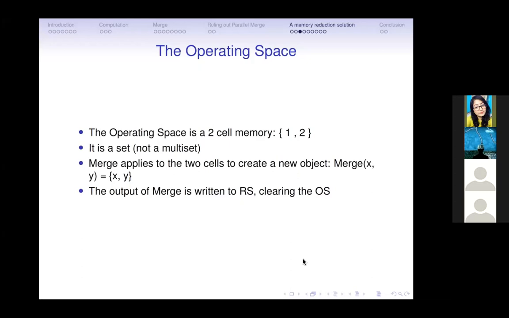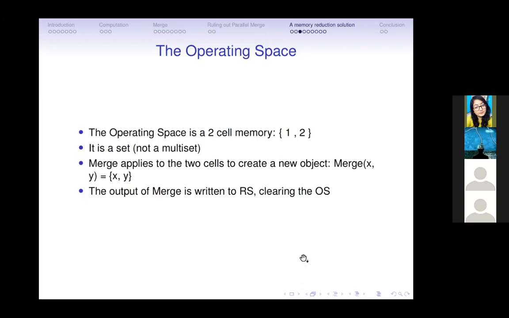And what happens is that Merge applies to the operating space, taking the 2 cells and creating a new object. And then that gets written back into the resource space, clearing the operating space out. So you can see how this is like a 2-stage operation. Whenever you want to build something, you copy the stuff into the operating space. Merge is incredibly trivial there, because it's just 2 cells, and then you write it back.